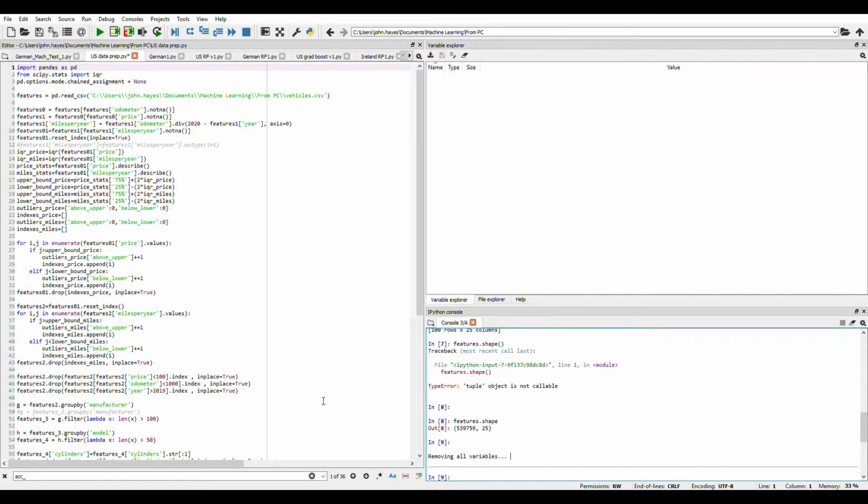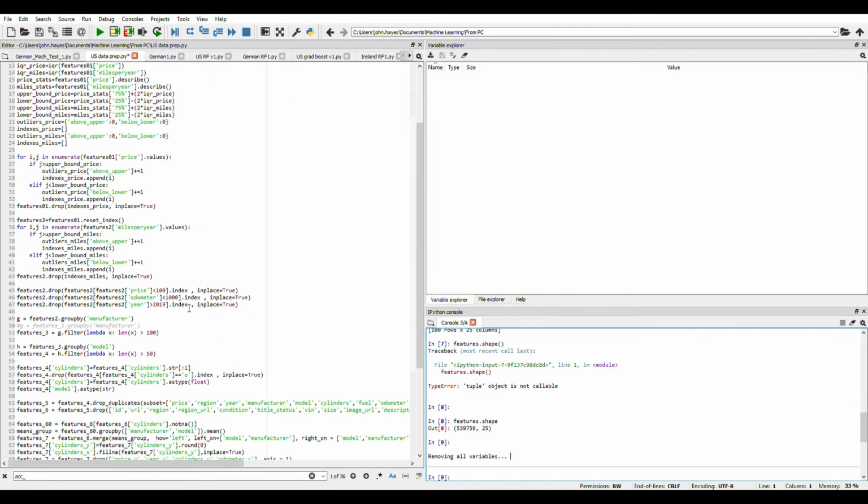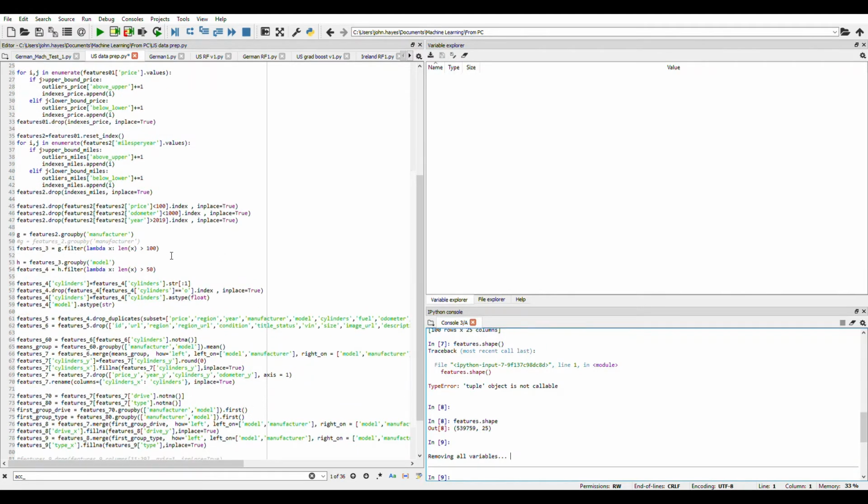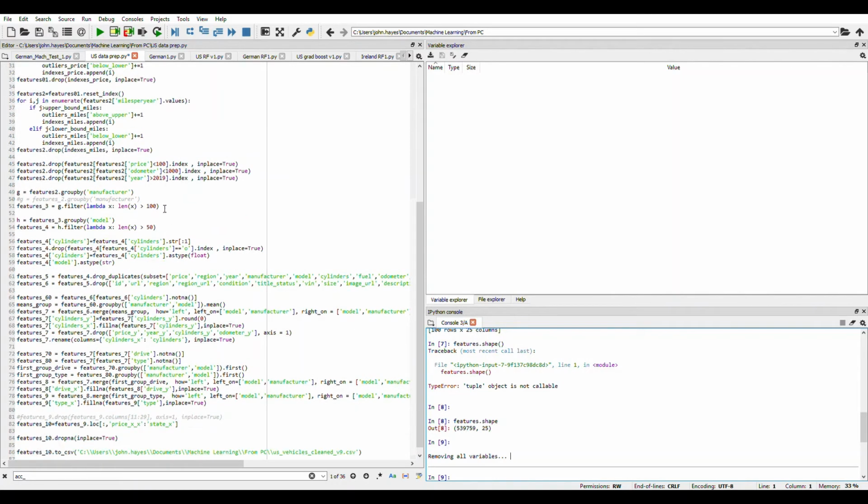In these, data was read in, outliers were removed on miles and price based off a 2 times the interquartile range logic. Some unwanted values at extremes were removed. Manufacturers where there was less than 100 of a car sold were removed. The same with models where there was less than 50.